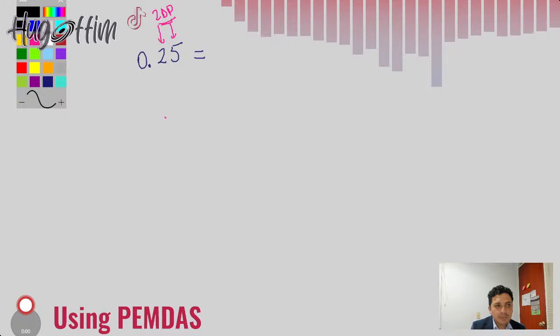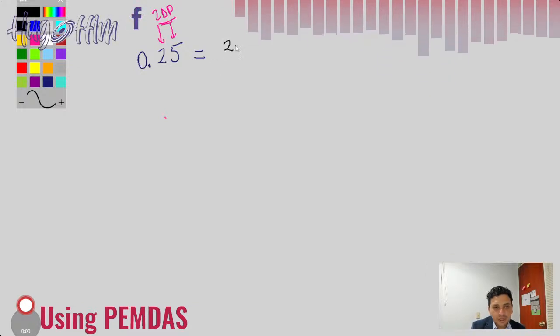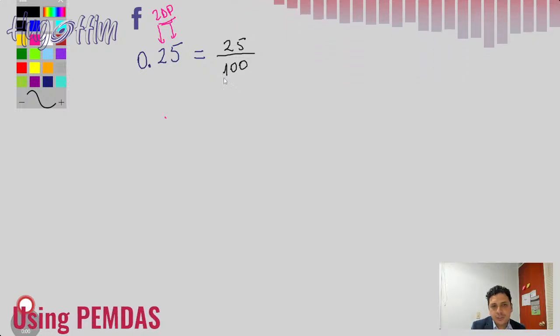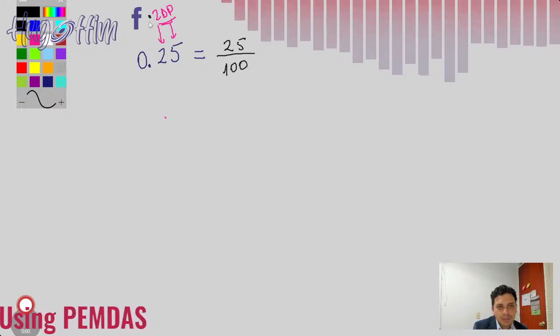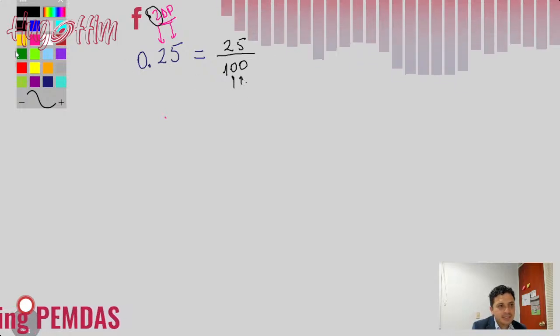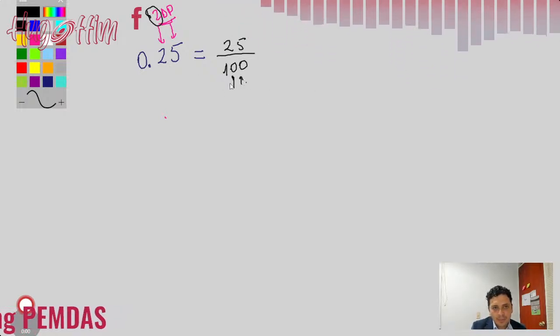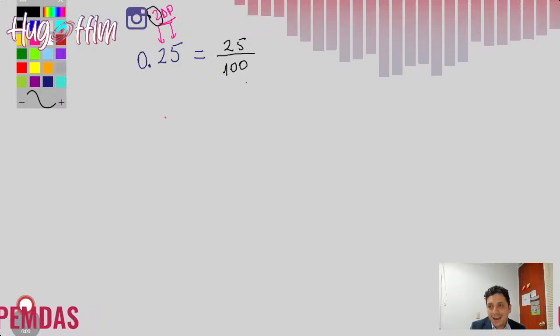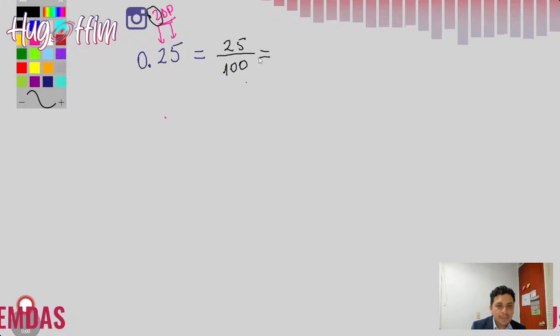And these 2 decimal places tell me that this number is 25 over 100, right? The number of decimal places tells me the power of 10. In this case, 100.